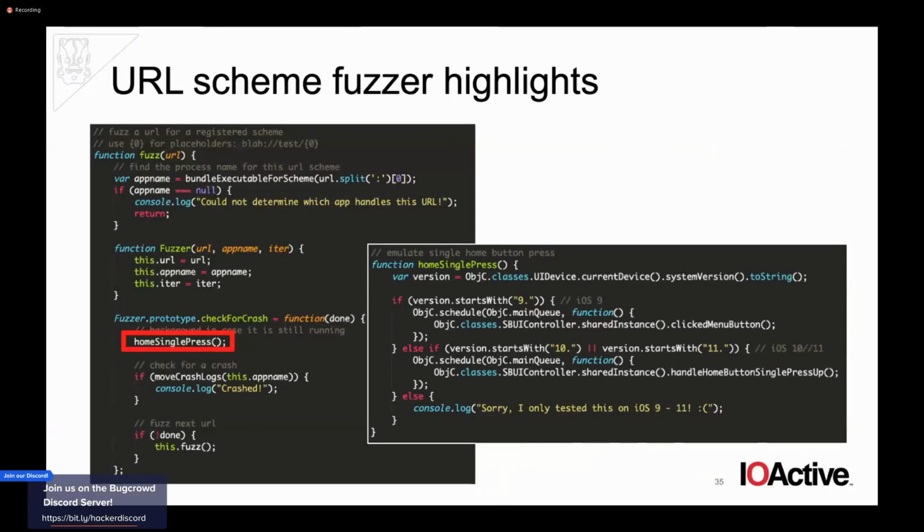I can ensure it's the main queue, but also I get some free memory management along with that. And a little bit later, I'll point out how, if you don't want to use objc.schedule, you can do that memory management, just to ensure that you don't run into any issues in your JavaScript.